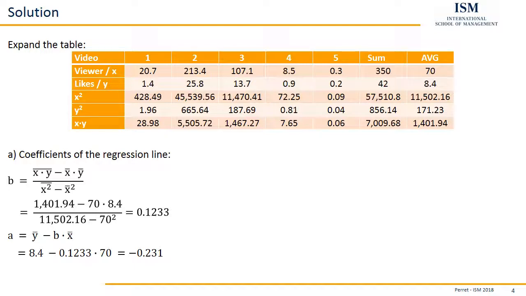And here we see that this is relatively problematic to be interpreted, because this would mean if I have 0 viewers I would get minus 23 likes. This, well, obviously doesn't make so much sense.